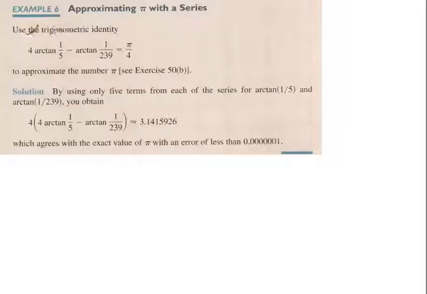It uses a trigonometric identity for arctangent. This is probably a more obscure one that you're not familiar with. But anyway, you can use this identity with arctangent, and then each one of these guys, you can use that power series that we just developed and plug in 1/5 and plug in 1 divided by 239. This was done in 1706, right?